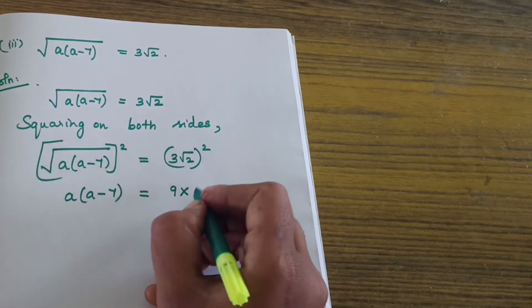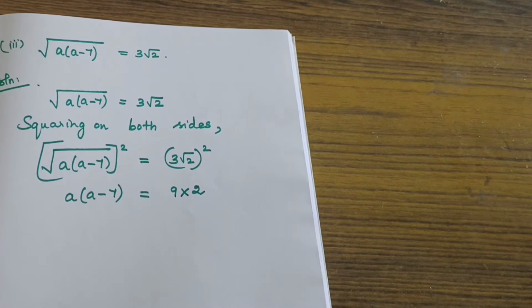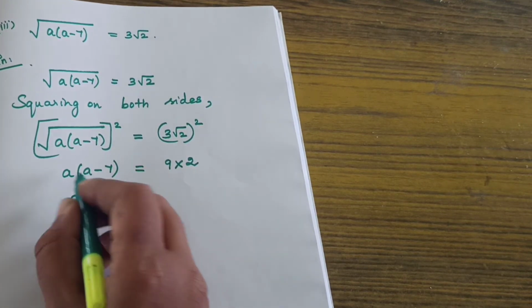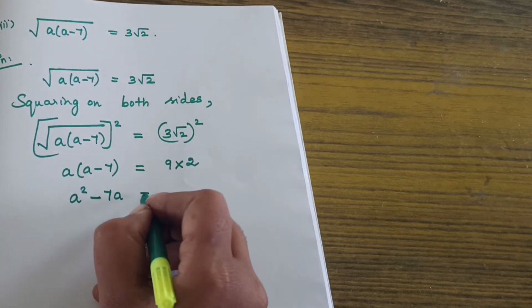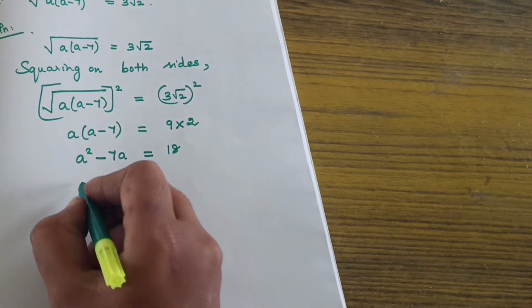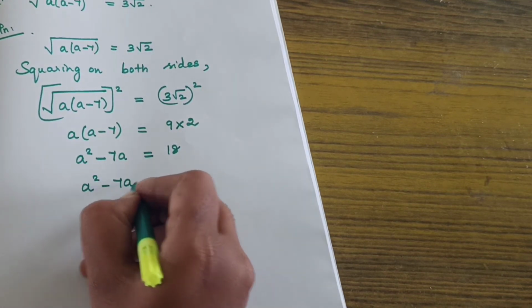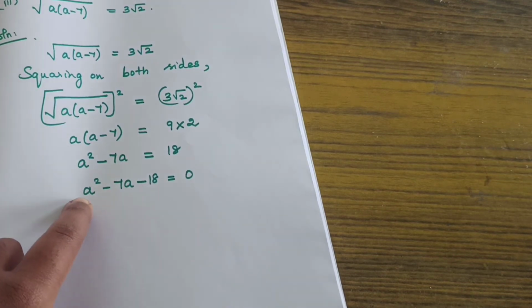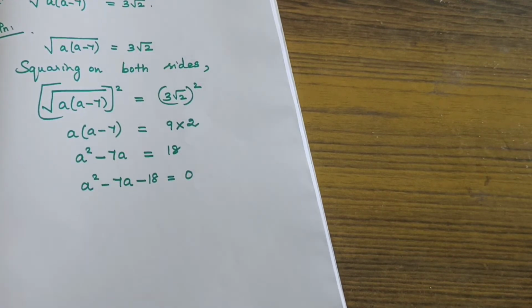The root and square get cancelled. So, into 2. Got it? So, now multiply this inside. a square minus 7a, which is equal to 9 twos are 18. Then a square minus 7a minus 18 equal to 0. Now we arrived at the standard form. Then we need to change into factors.